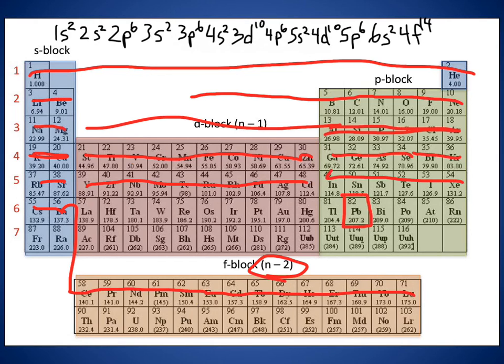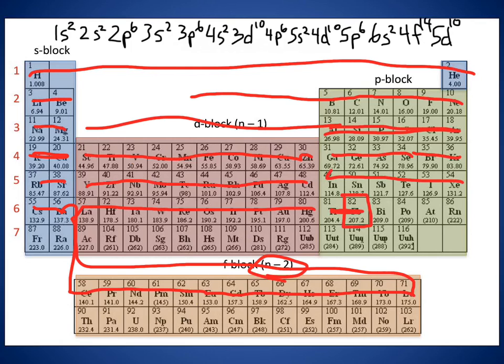After we're done down here, we go back up to our D's. This is -1, so 6th row minus 1 is 5, so 5d, and there are 10 of them. And then we finally get to lead.